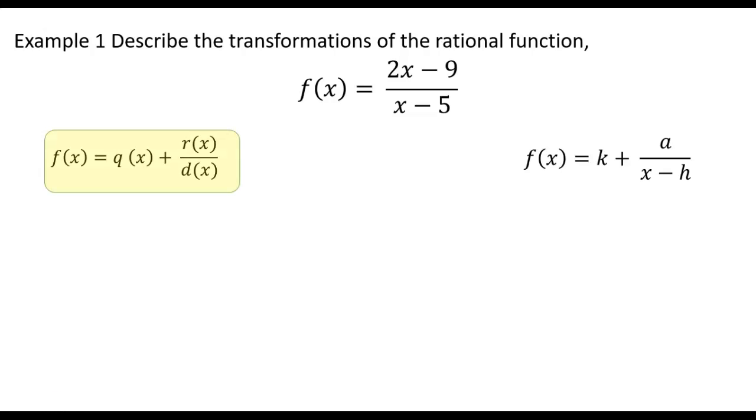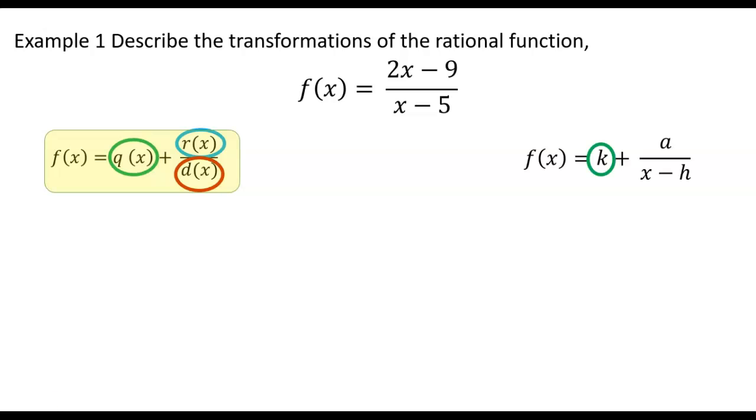We must recognize here that q of x is the quotient, r of x is the remainder, and d of x is the divisor. We must also recognize here the corresponding variables for each transformation.